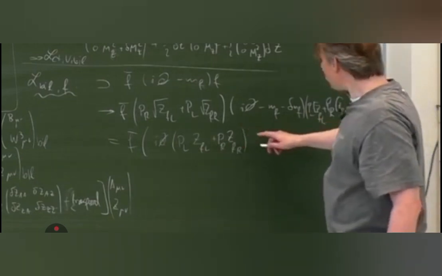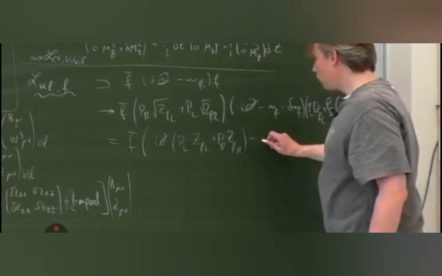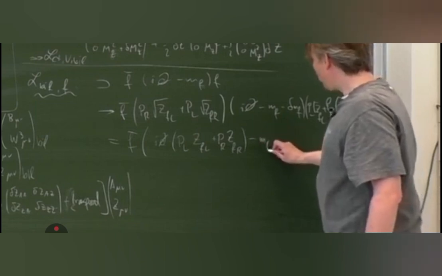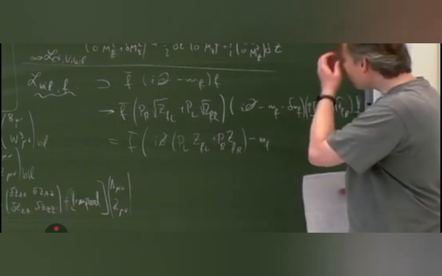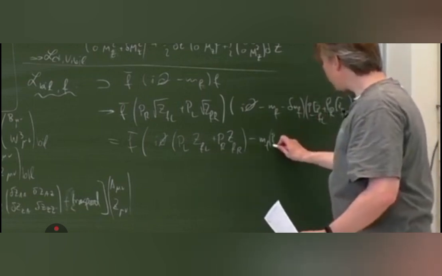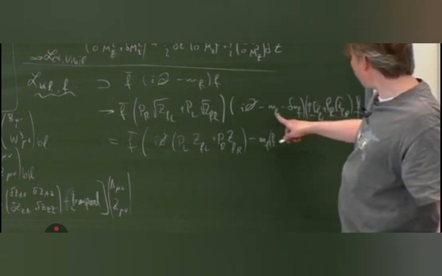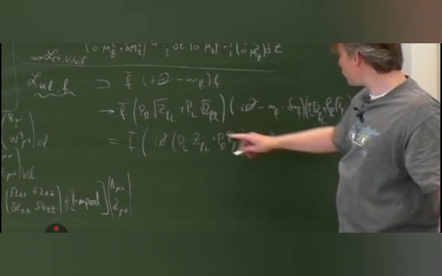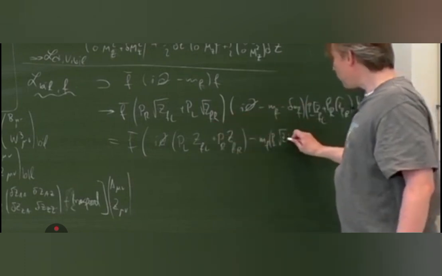Then how about the mass term? So minus m_f, and so the mass term gets now multiplied as follows. So there is one term with P_L times square root of Z_FL times square root of Z_FR.